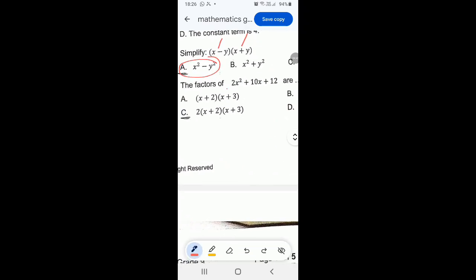1.8. What are the factors of this? How do you factorize this? First of all, it is 2x squared plus 10x plus 12. The fact that we have 2 here means we divide by 2. We will get x squared. 10 divided by 2 here, we get 5x. 12 divided by 2, we get 6. Now we open our brackets twice.